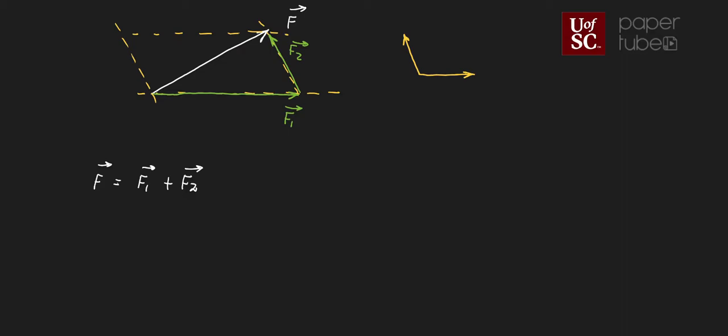Now, in most cases, what we're going to see for the rest of the semester is that we're going to decompose these vectors into perpendicular components. So if I have my vector F, then I'm going to have my X and Y axis.